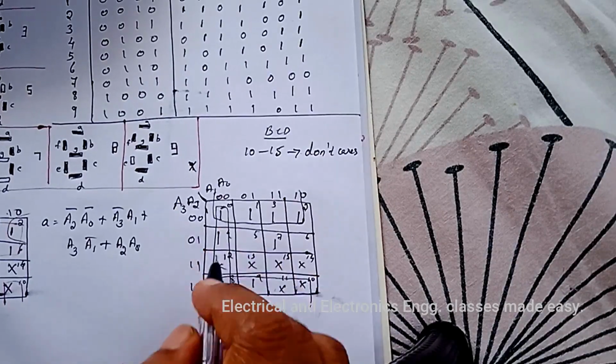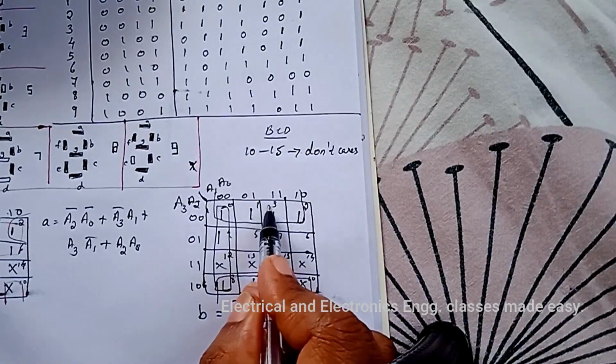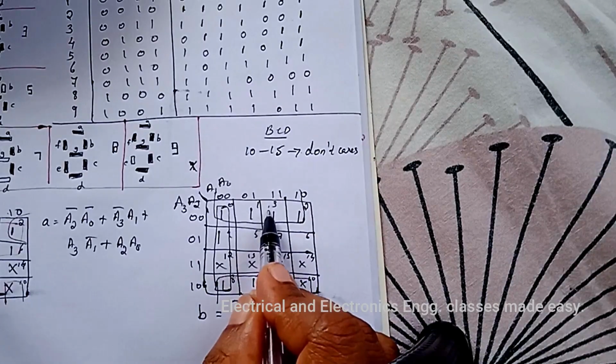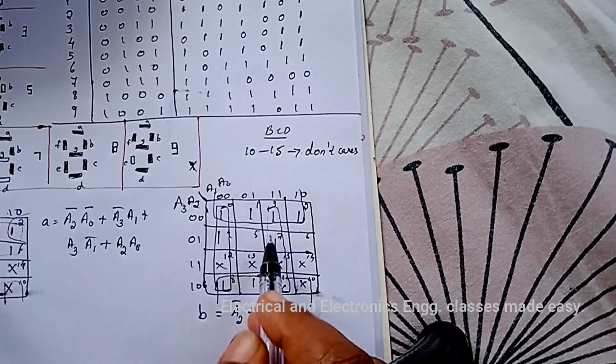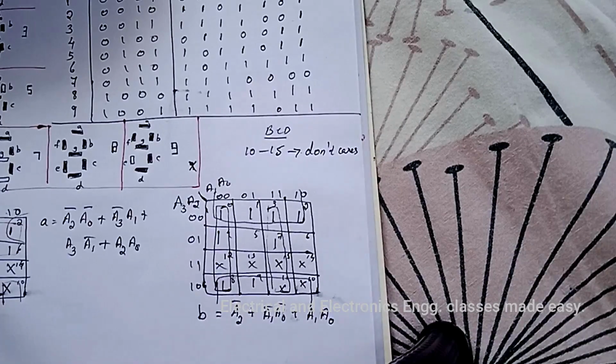So here it is A1 bar, A0 bar plus also these 4 squares we can combine and it is A1, A0.